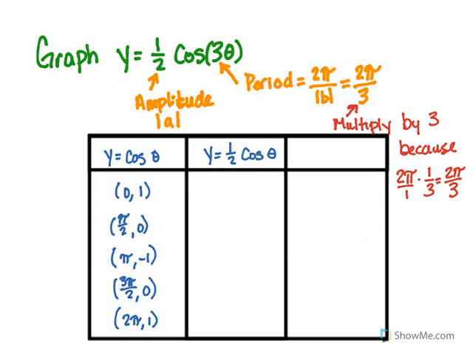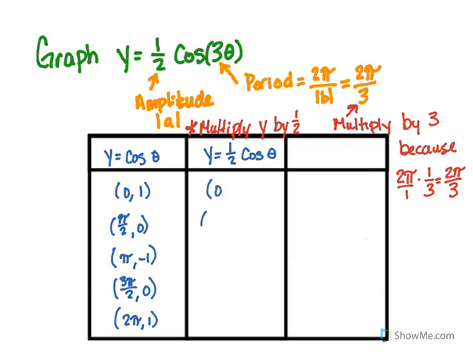It affects our maximum and our minimum. Our maximum and our minimum is related to y. So with this, we are going to multiply y by 1/2 because 1/2 is our amplitude. So let's go ahead and do that. We're going to multiply all of our y's by 1/2.